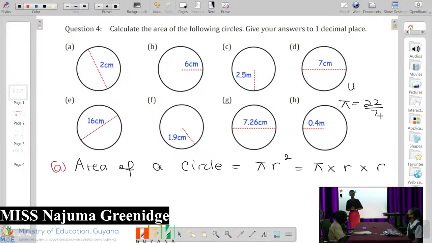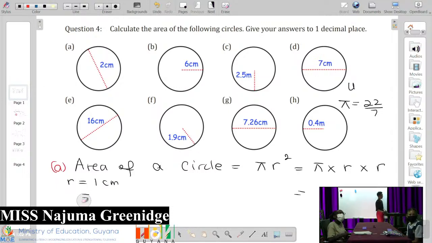So if you have a diameter of 2 centimeters, how much is the radius? 1 centimeter. So here I will write pi first. So we know that r is equal to 1 cm.